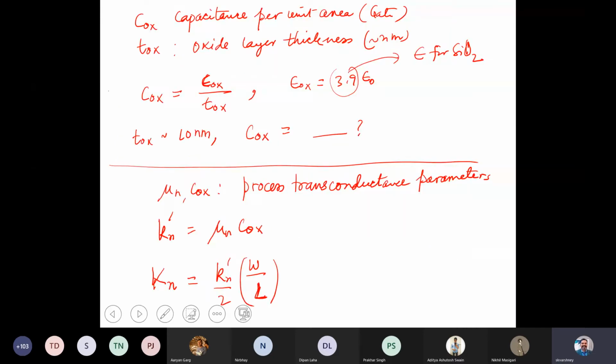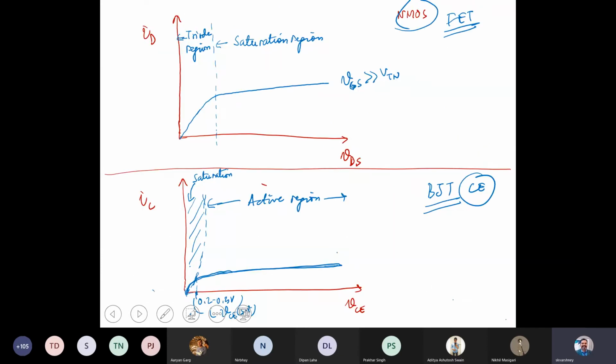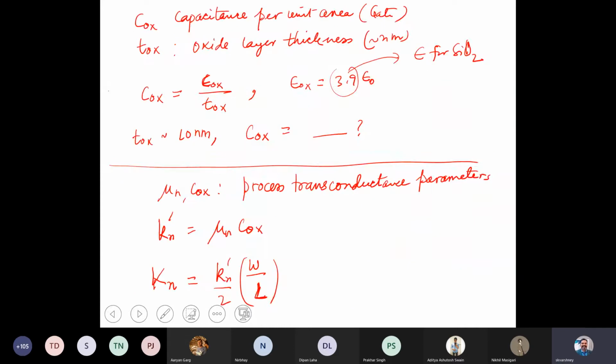If we recall, channel length modulation means the channel becomes tapered, and as we keep on increasing the voltage here, the channel length gets modulated, so the region actually gets smaller. This modulation gives rise to the finite slope in the output characteristics, that is, the drain current versus VDS.